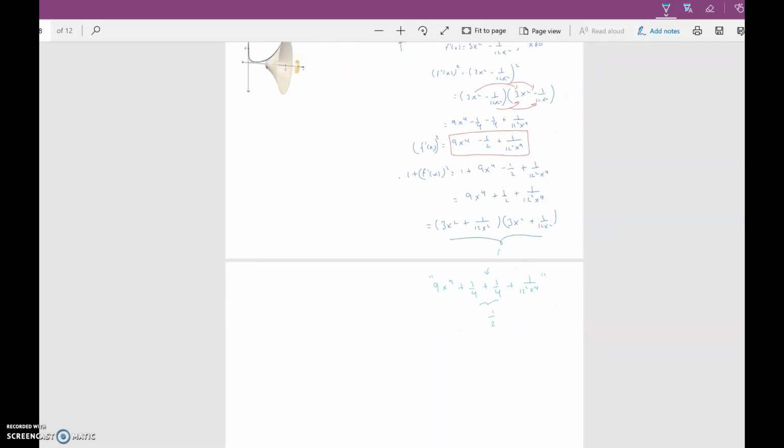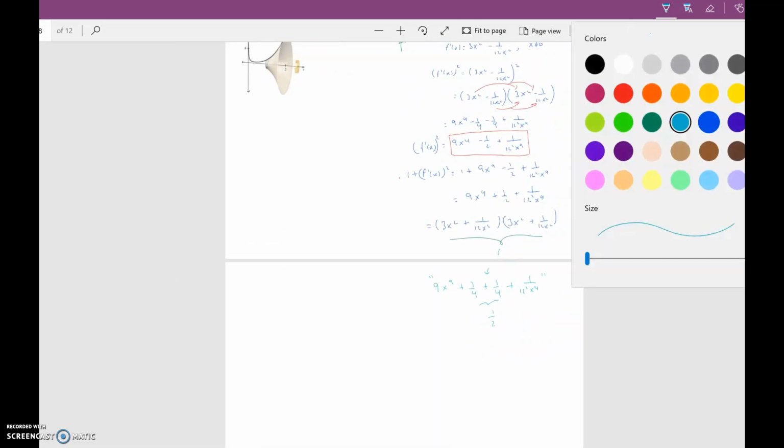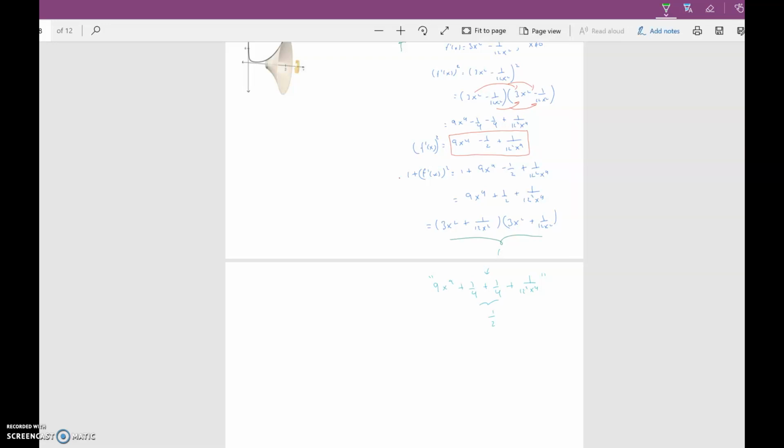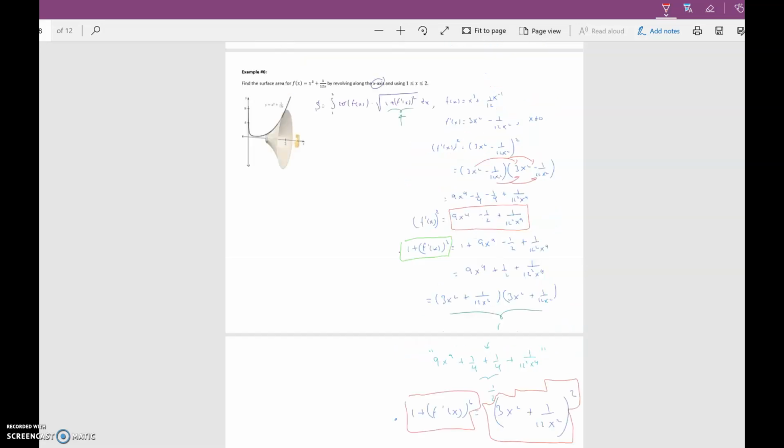So we can rewrite 1 plus the derivative squared as 3x squared plus 1 over 12x squared, quantity squared. I'm going to use this portion in the formula. Keep in mind that we haven't actually done the integral.